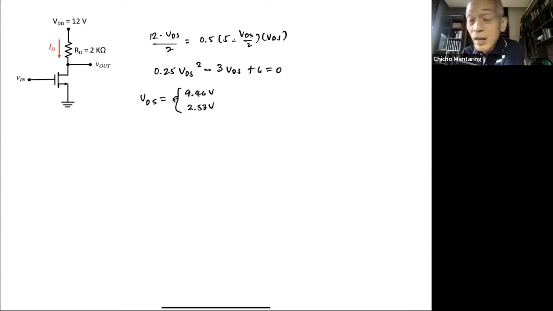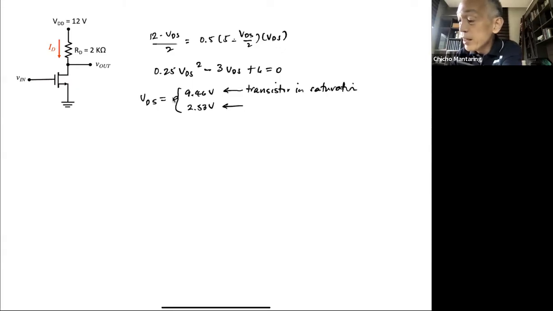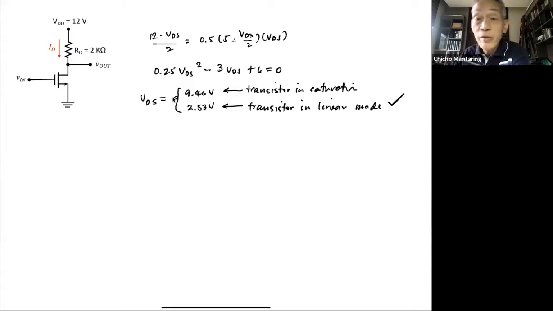If I use this one, the transistor will be in saturation. If I check this one, the transistor is in linear mode. So obviously, this is the correct one, because we already said that the transistor is not in saturation.